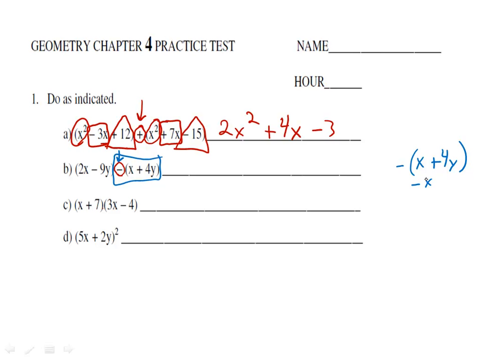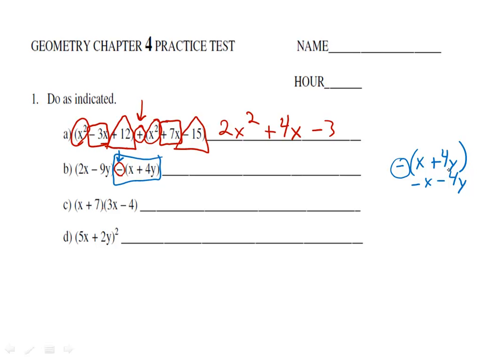You get negative x. Everything inside the parentheses, if I have this outside the parentheses, everything inside turns to the opposite. Instead of plus 4, I have minus 4y. So instead of plus 4y, minus 4y. This x goes from positive to negative. Plus 4y, minus 4y.